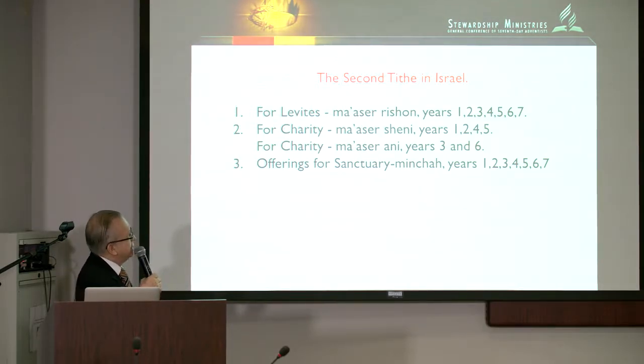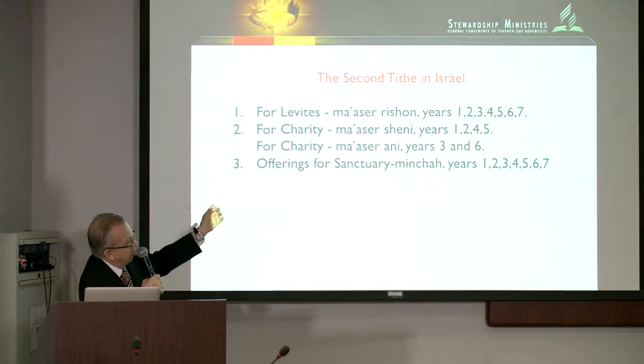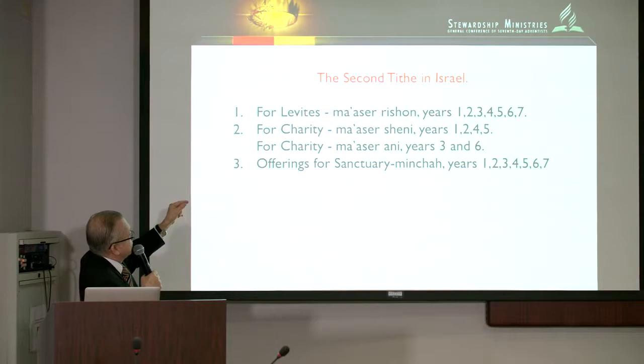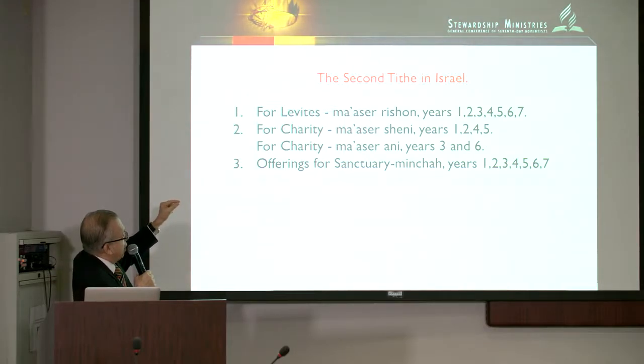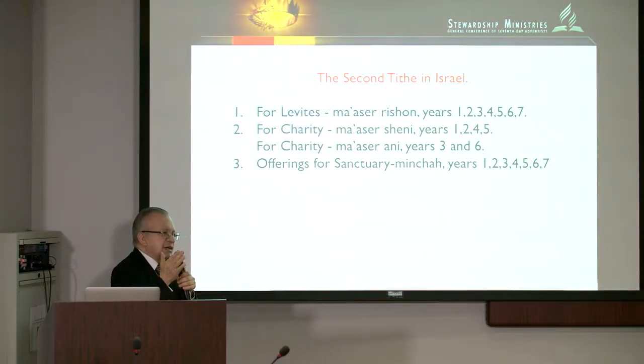That tithe is given every year of all 7 years. The second tithe was called maser sheni. But maser sheni means that the second tithe can also be used for feasts and charity.